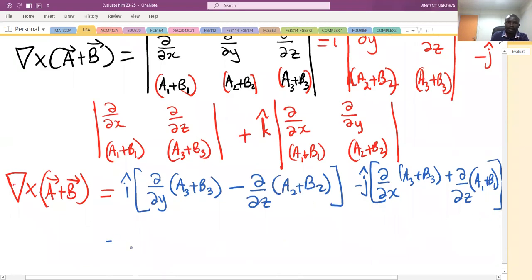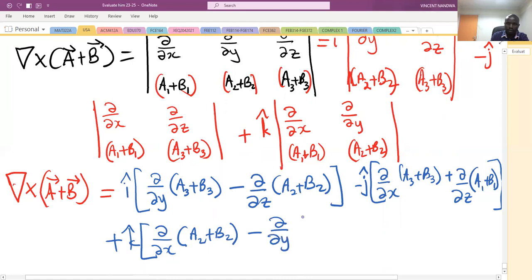Then plus k, partial x of A2 plus B2 minus partial y of A1 plus B1. That's what we have from those determinants.